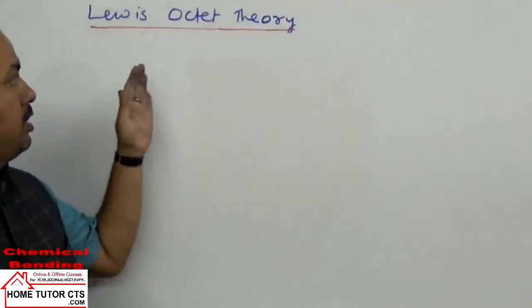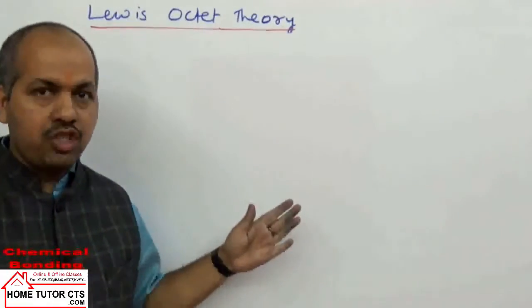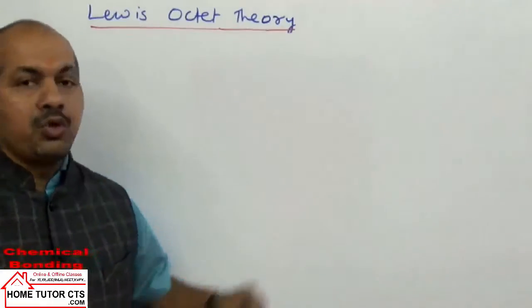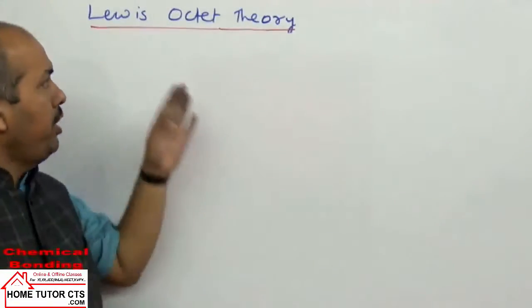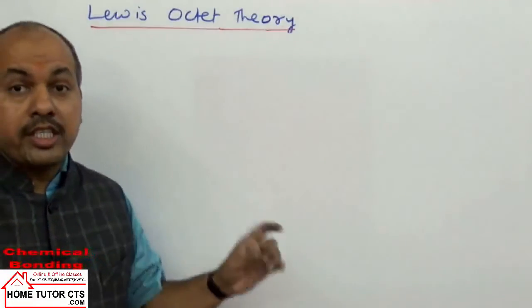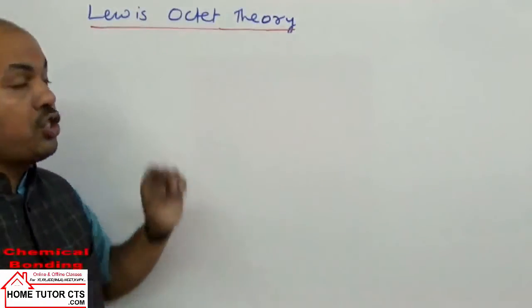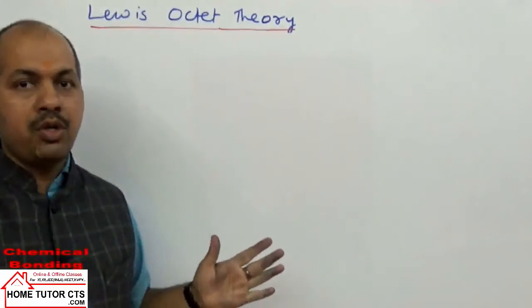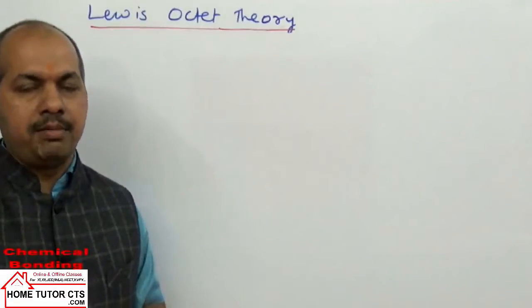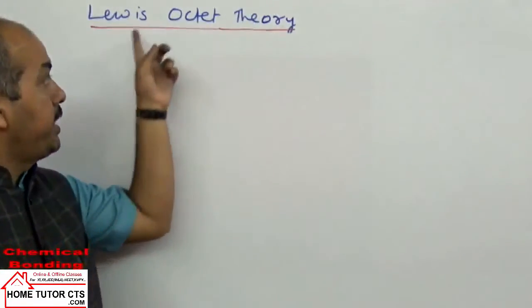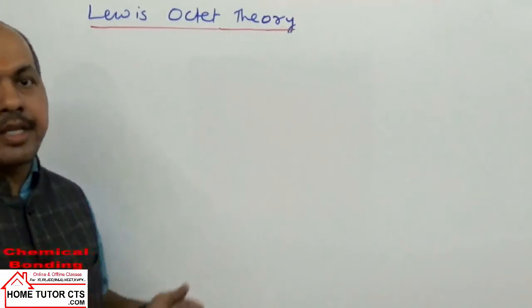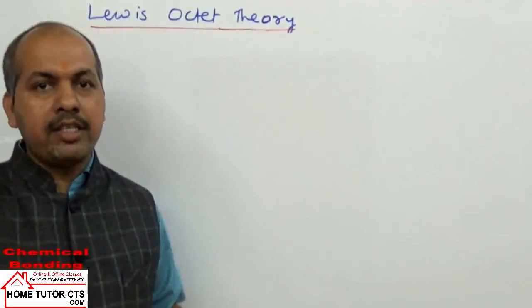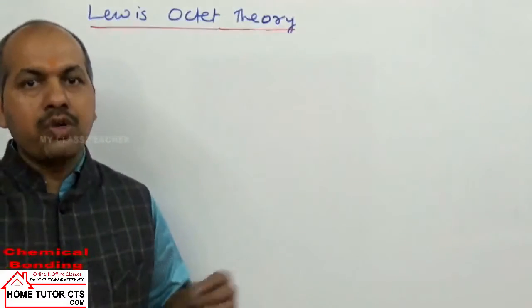So we have seen that this theory we can apply in a systematic way to draw Lewis dot structures. Now in this theory, too much stress is given on the completion of the octet of all the atoms or most of the atoms. But we have several examples where atoms can have more than 8 electrons or less than 8 electrons. They also exist.